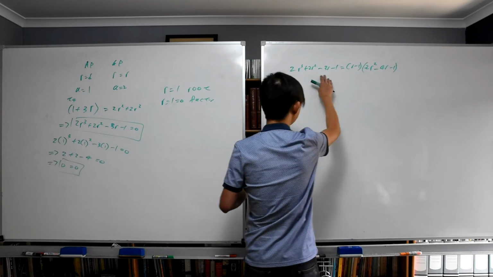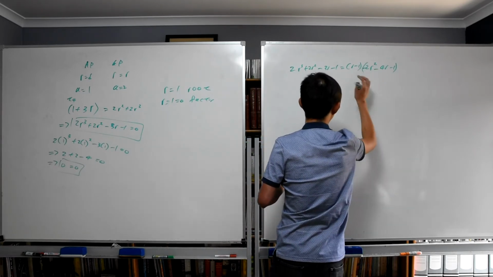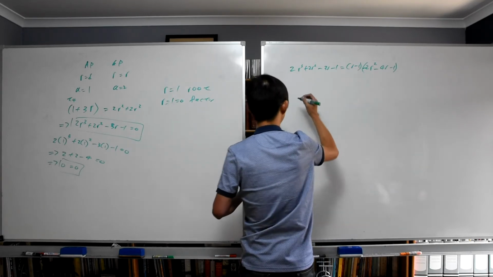So this cubic can be decomposed into a linear function times a quadratic function. These two factors, a linear factor and a quadratic factor. For the quadratic factor, let's further factorize it.